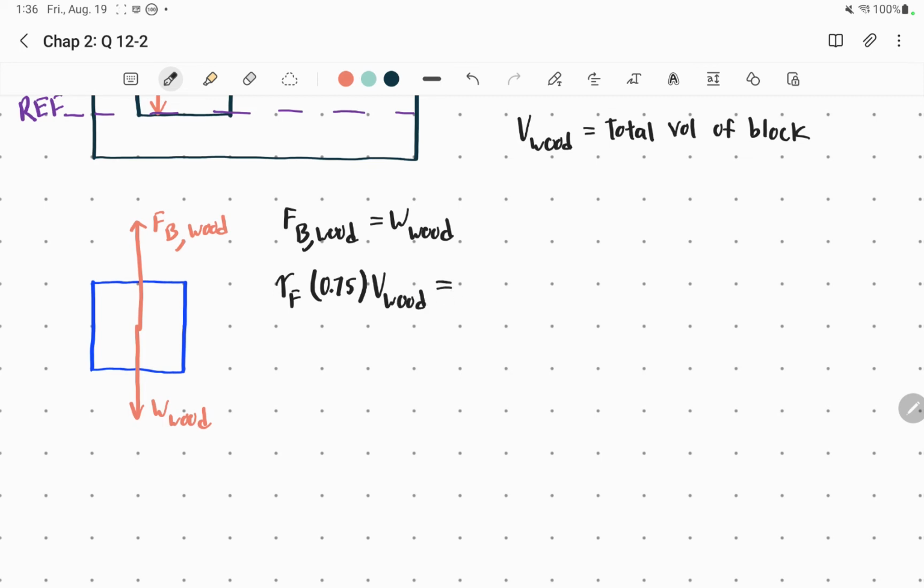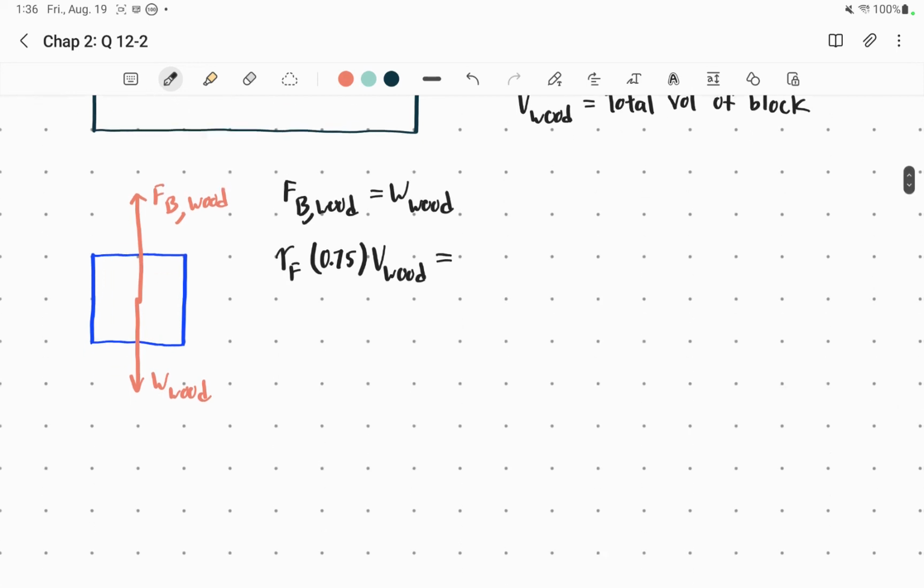And now W wood, we can break down weight into mass times gravity. So we have M wood times G. Then we can break that down again because mass is equivalent to the density of the material times the volume of the material. So we do density of wood times V wood times G. Left side is the same.